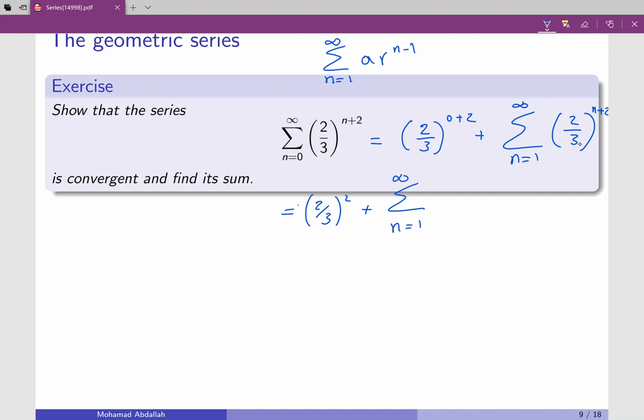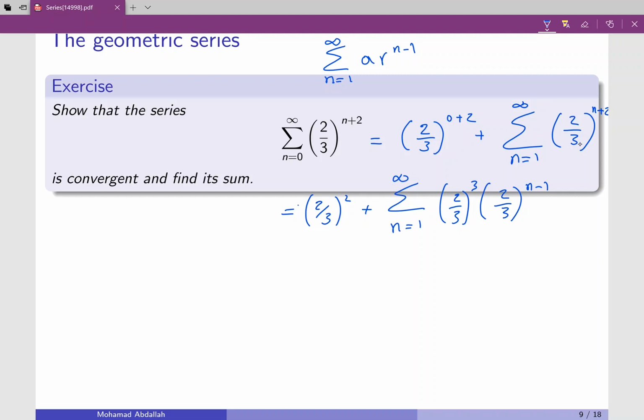Over here, I want to create something like a times r to the power n minus 1. I have 2 over 3 to the power n plus 2, so I make it 2 over 3 to the power n minus 1, and what's left is 2 over 3 to the power 3. I'm just trying to split this using the properties of exponents.